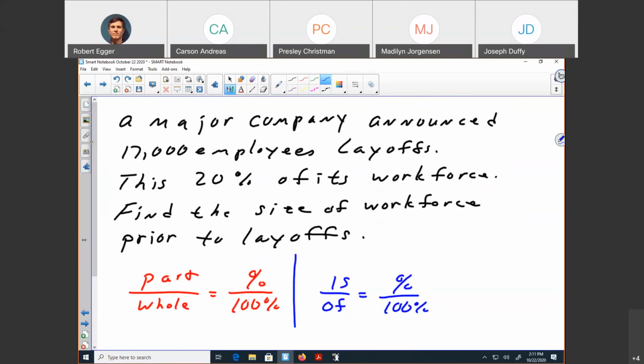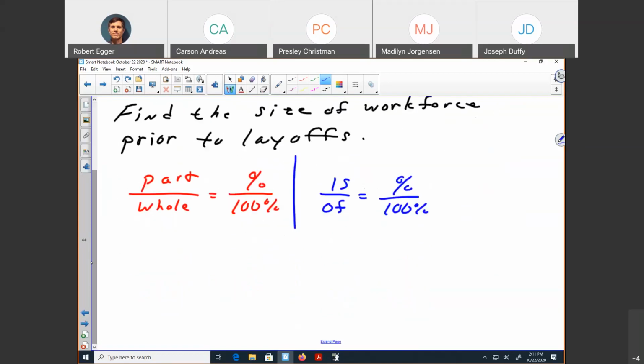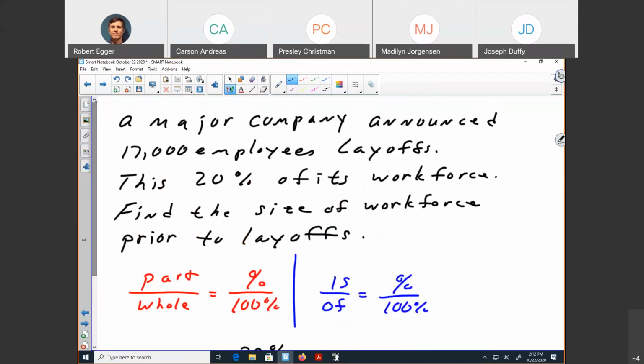So we have 17,000 and 20%, and we're trying to find a third number. Well, the 20% is easy where that goes. That'll go over here. The question is, is the 17,000 the part or the whole?